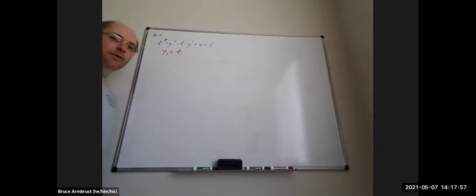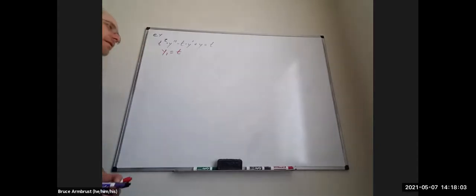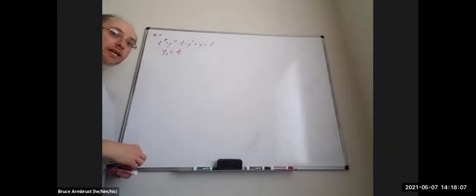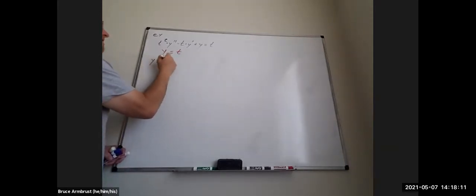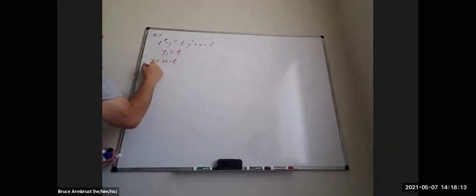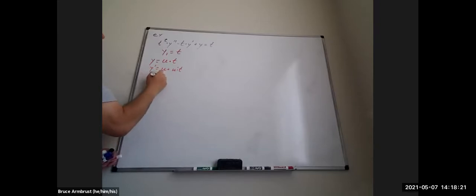I told it to you, you see that it works. It's not inconceivable that you would have been able to figure that out if you just kind of fiddled with it a bit, tried different forms. Okay, so now that we know that form, let's use reduction of order. So we're going to go with, let's say that y is equal to u times t. So y prime is going to be u plus u prime t.